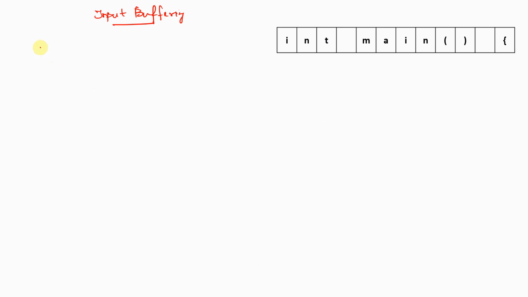In input buffering, instead of reading character by character, we are going to read a block of code from the memory. So to read one block of code, we need one system call.